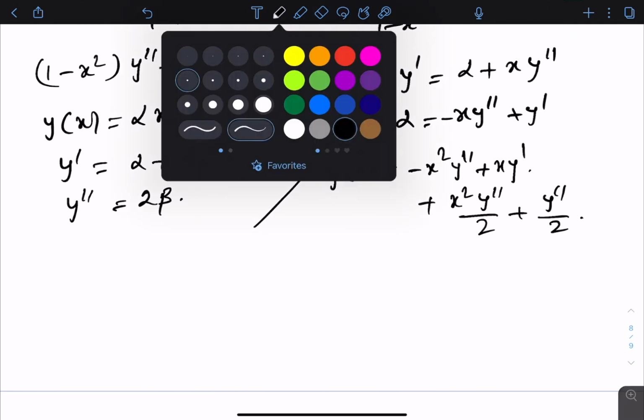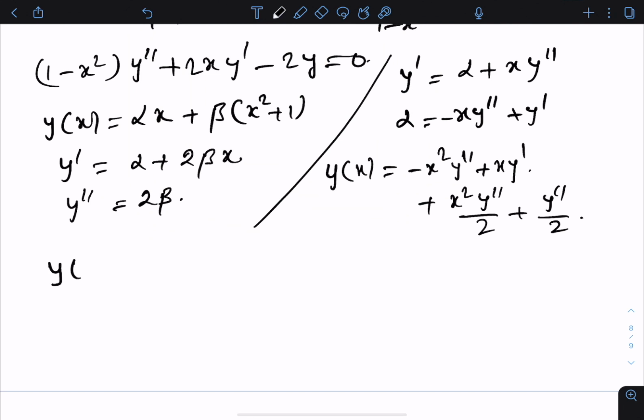Okay, so let's simplify that; we should get the same. Here there is minus 1 and plus half, so half minus 1 will give you minus half.